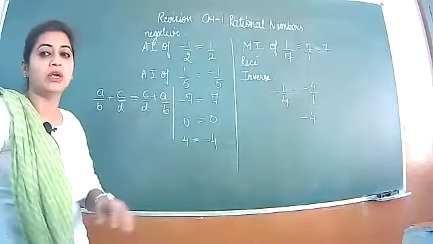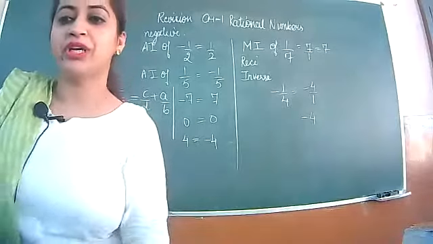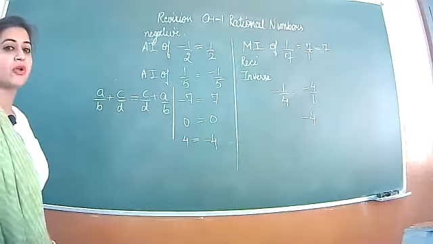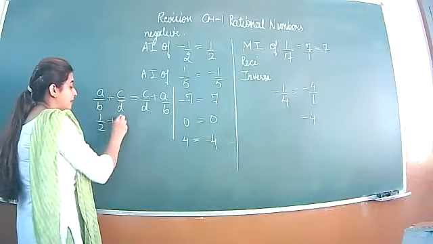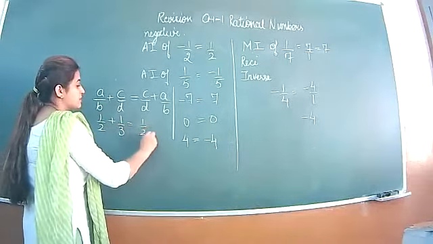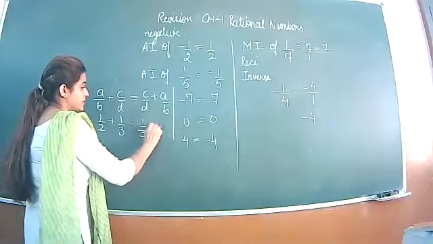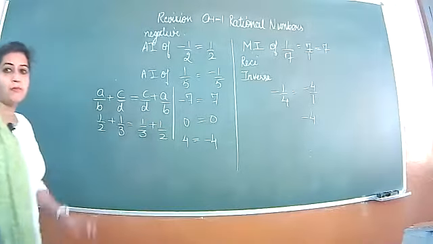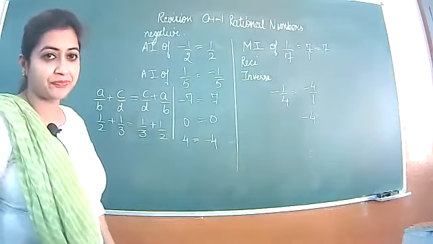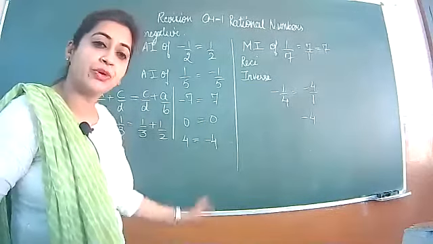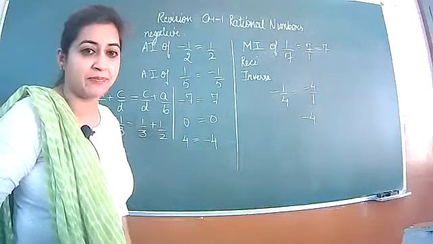This is called the commutative property of addition for rational numbers. If you take two rational numbers and add them, their answer must be the same. Is it okay? So you can verify it for any example.